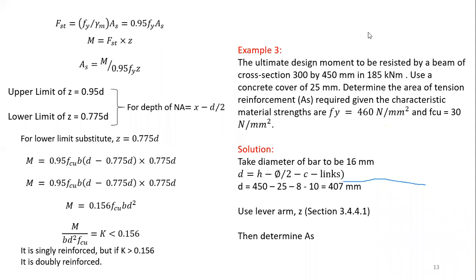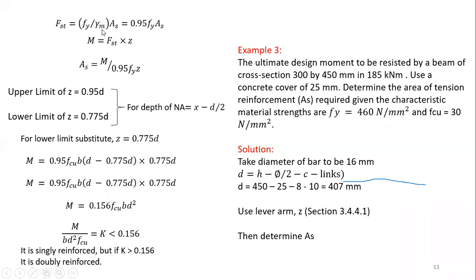Now, let us quickly look at an example of how to determine the area of reinforcement required to be put in a beam concrete which is going to be singly reinforced. The force in the steel in tension is the design stress multiplied by area of steel.